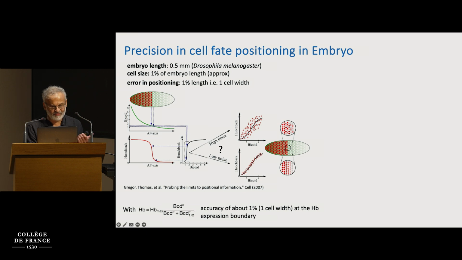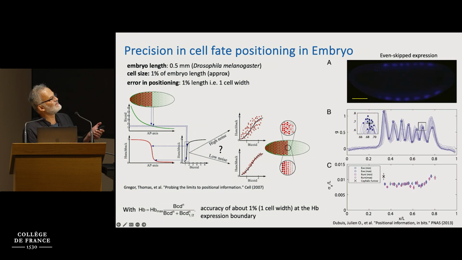So I'm going to skip this because this is exactly what Thomas talked about. In fact, this is his work, which shows that the precision of positional inference is accurate up to 1% of the total embryo's length, about 1 cell width.